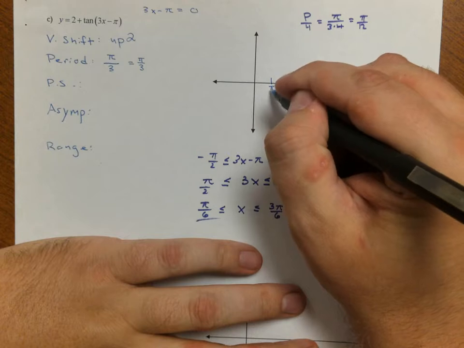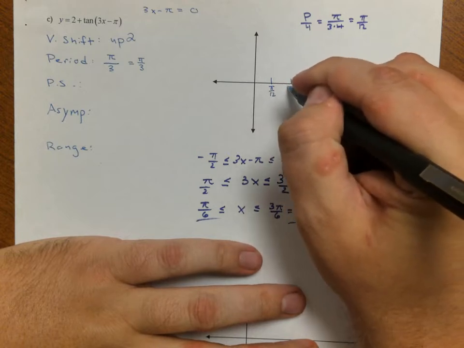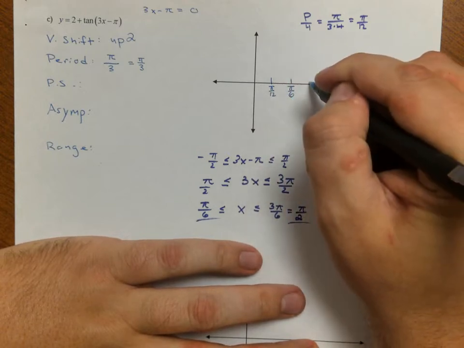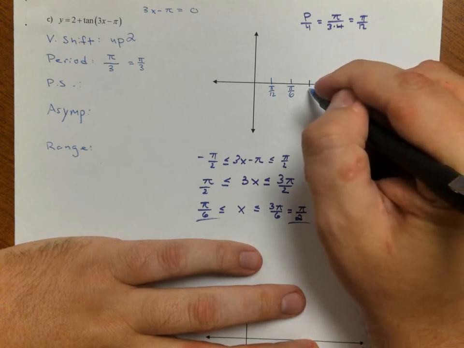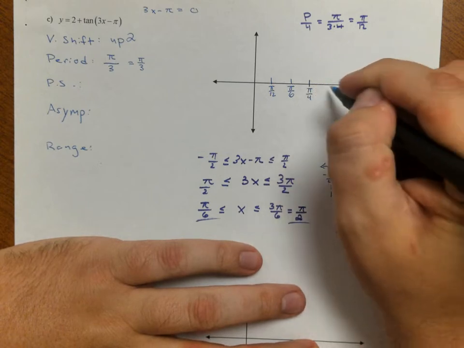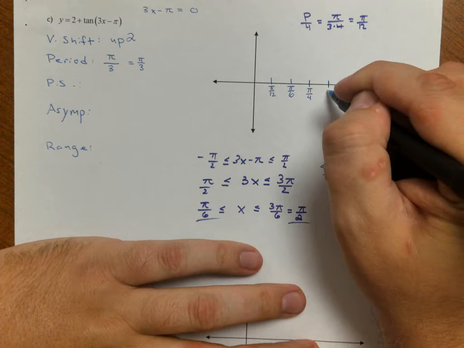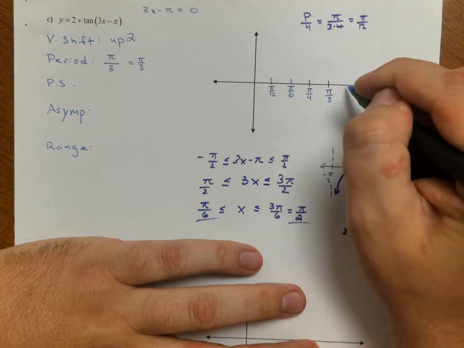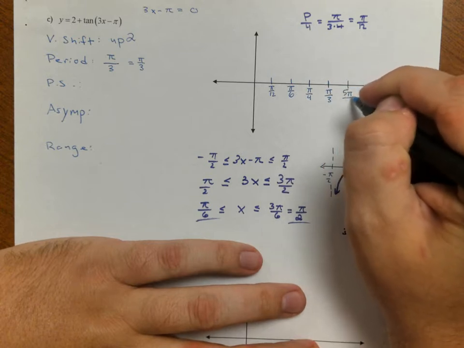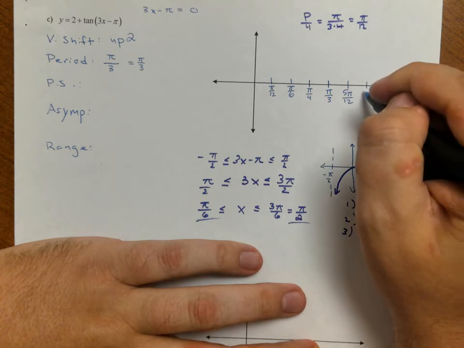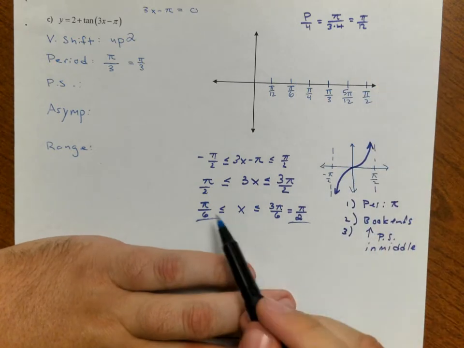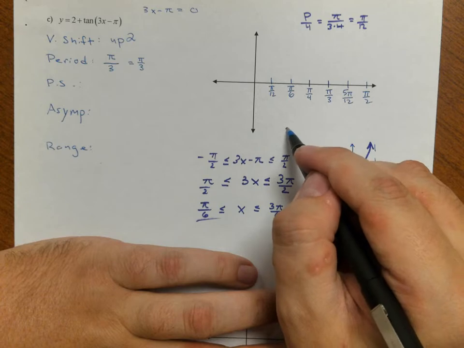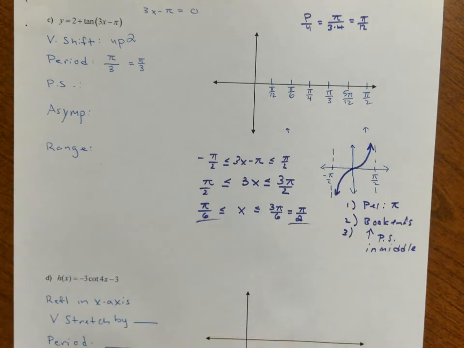So here's pi over 12. 2 pi over 12 is pi over 6. 3 pi over 12, 3 over 12 simplifies to 1/4. 4 pi over 12 is pi over 3. 5 pi over 12 does not simplify. And 6 pi over 12 is pi over 2. And I can see I got my bookends along the way. There's pi over 6, there's pi over 2.